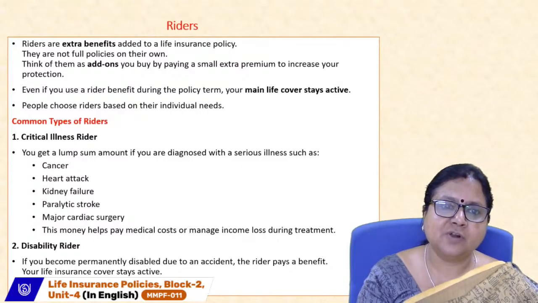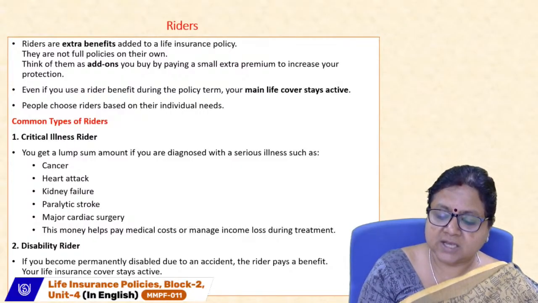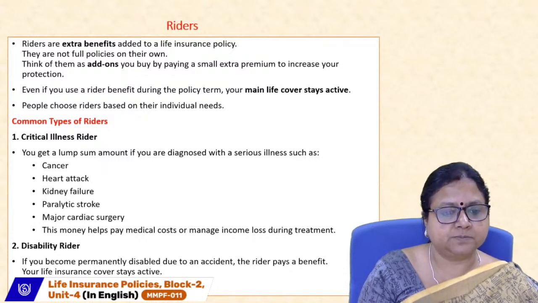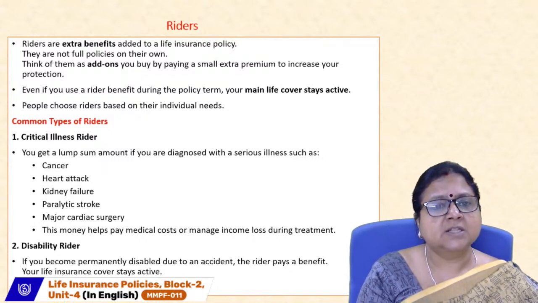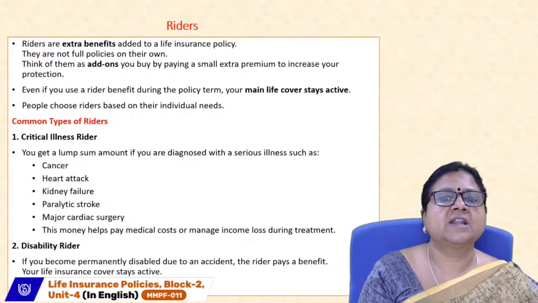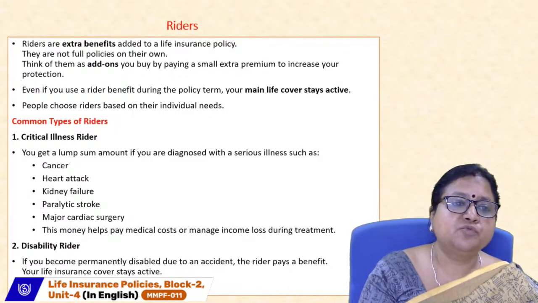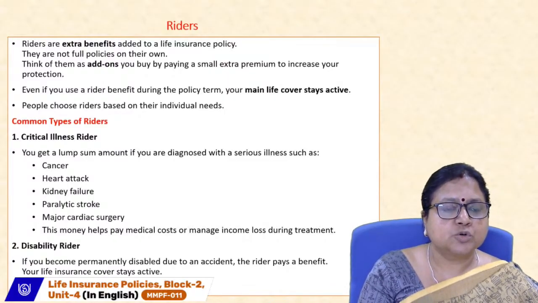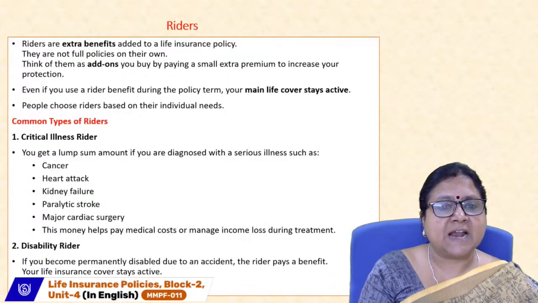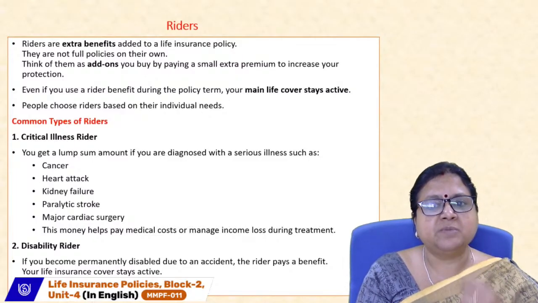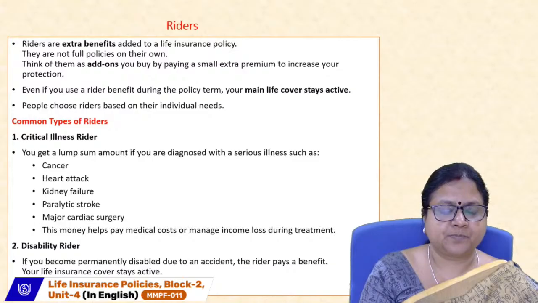They are not full policies on their own, but they are certain conditions which are put in the policies so that the policyholder can have benefits when such conditions are fulfilled. Think of them as add-ons you buy by paying a small extra premium to increase your protection.